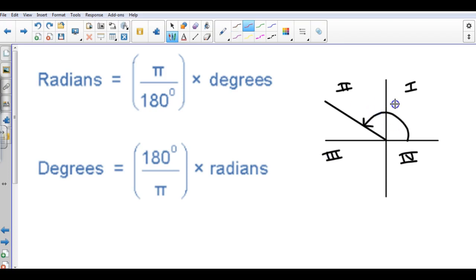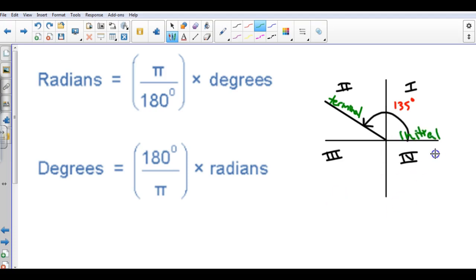So I label this angle as 135 degrees, positive 135, because we're going counterclockwise. A negative angle measure, you would go clockwise. So first, coterminal angle: that's basically going to say, what's another angle measure that's going to produce this same side right here? And this side is called the terminal side, and this side is called the initial side.